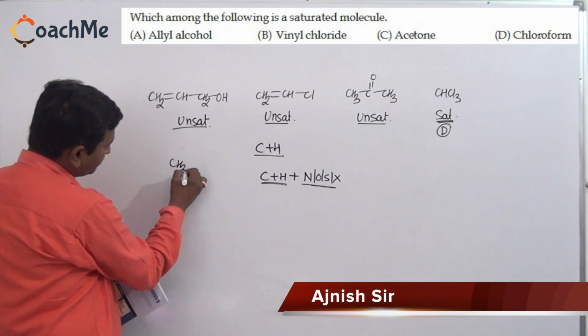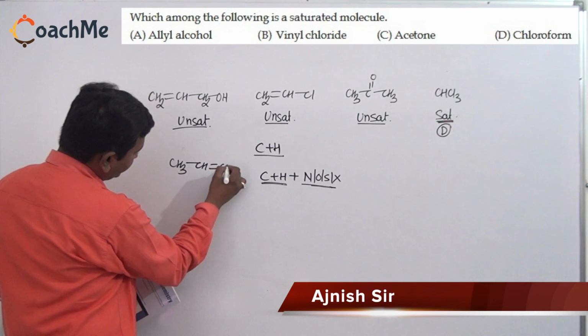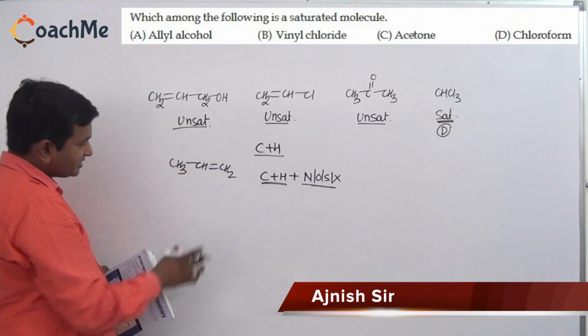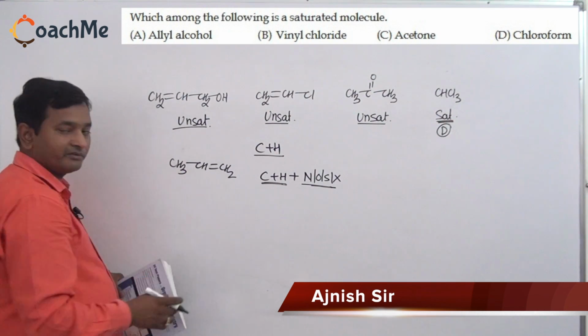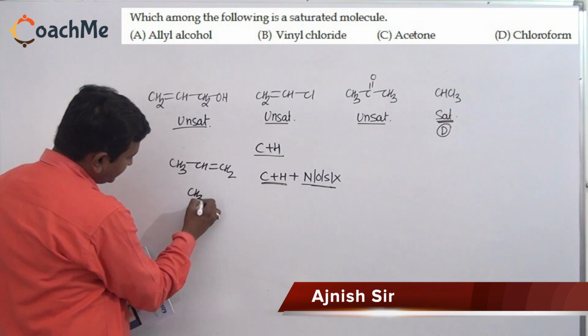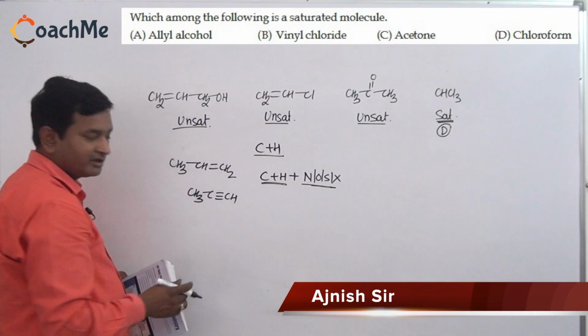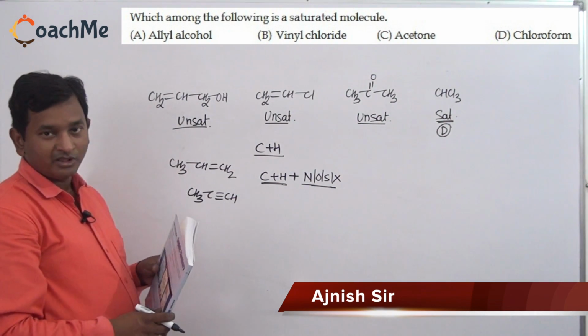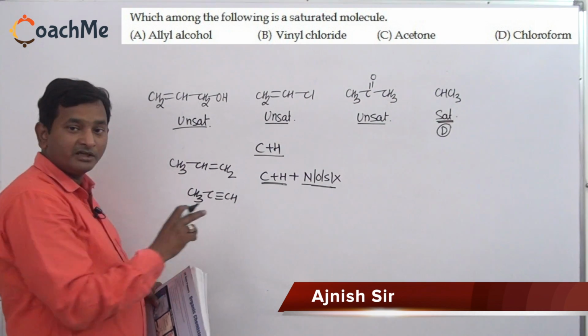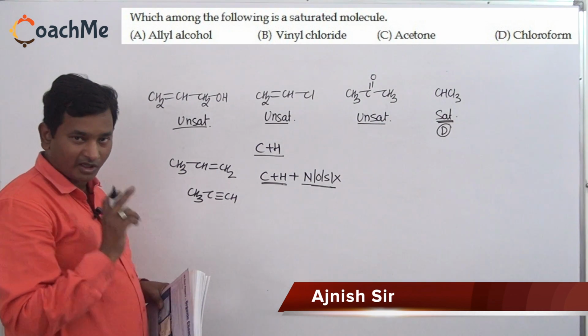But think about this molecule, CH3, CH double bond CH2. This has only carbon and hydrogen, so it is simply a hydrocarbon. Similarly, if the question is in the form of an alkyne, in this alkyne also there is only carbon and hydrogen, so this molecule is also called an unsaturated hydrocarbon.